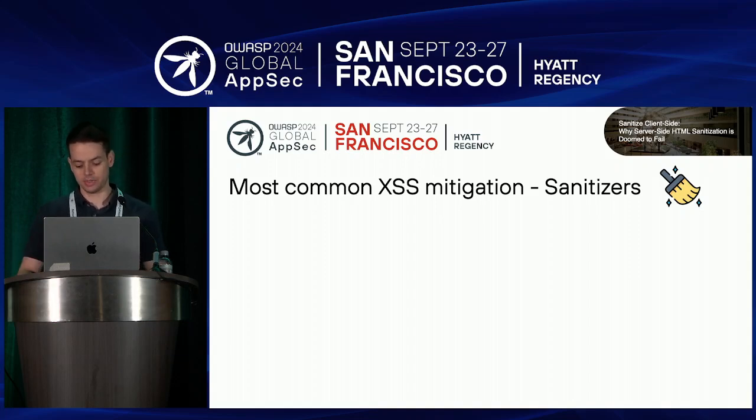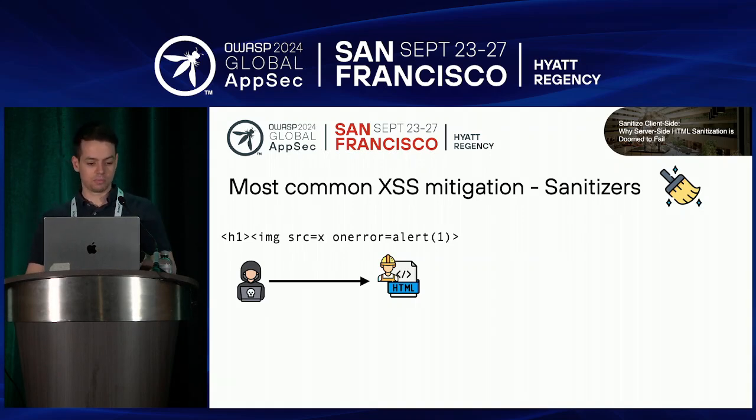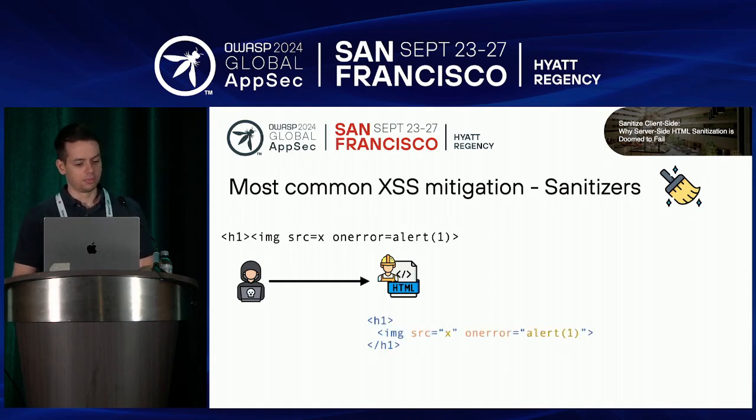Let's simplify matters. At first, it gets the untrusted input from the attacker, which is just a string. It doesn't mean anything, and it needs to understand it in a smart way to know how to manipulate this data to make it safe. So at first, it needs to parse it. After parsing, the result will be a structured object of the document itself, which is called a DOM tree.